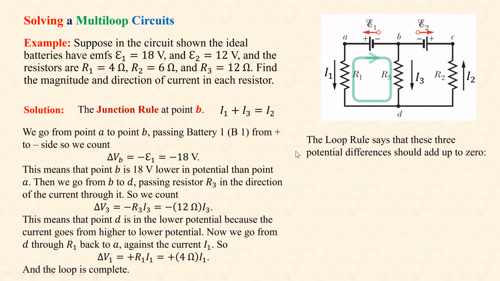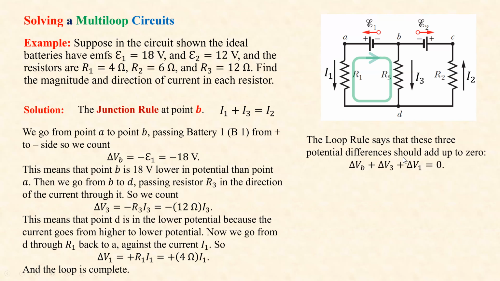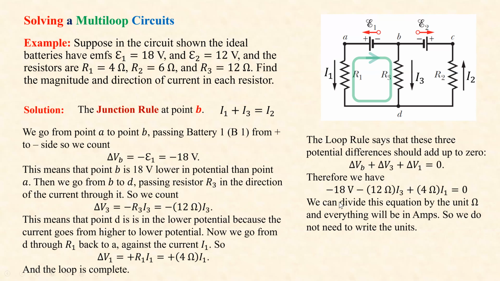So the loop rule says that these 3 potential differences should add up to 0. So we put them equal to 0. Sum of them equal to 0. Therefore, negative 18 volts for the first one, and negative 12 I3 for the second one, and 4 I1 equal to 0. Now we want to simplify a little bit. We can divide this equation by the unit ohm, and everything will be in amps, because this is volt.